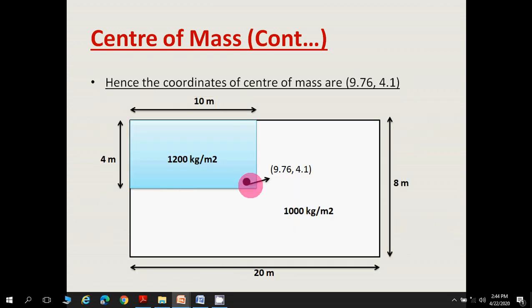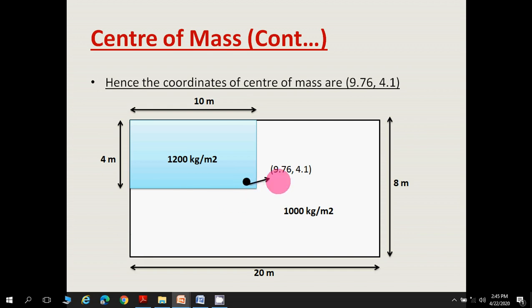That is represented here, so the center of mass is located at about this point: this is a total 10 meter, this is total 10 meter, so it is at 9.76, and this is 4 meter, so 4.1 meter. This is the location of the center of mass.